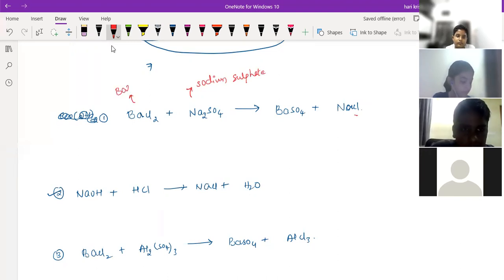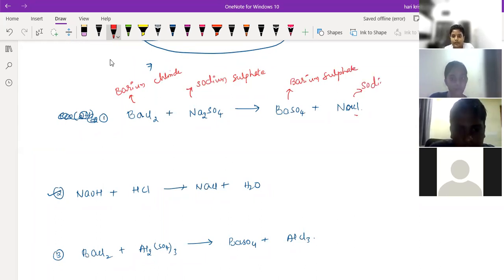Barium chloride, barium sulfate, and what is this? The sodium chloride. That salt which you use in our home, right? That is the sodium chloride only, the common salt or the table salt.